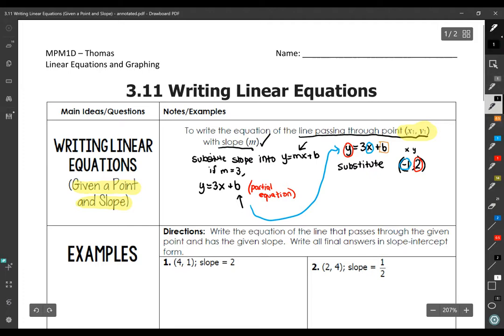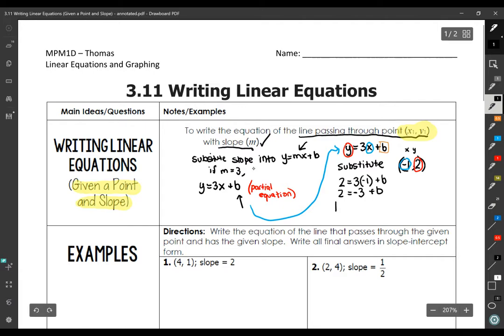Okay, so let me show you what that looks like. So we're going to go, so again, replace y with 2, replace x with -1, and leave b as it is because we don't know b. Okay, then we have 2 is equal to -3 plus b.